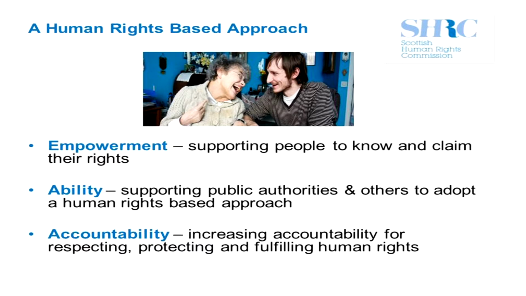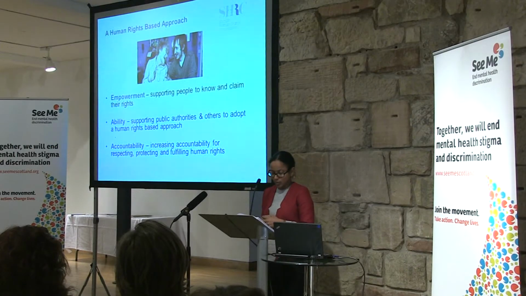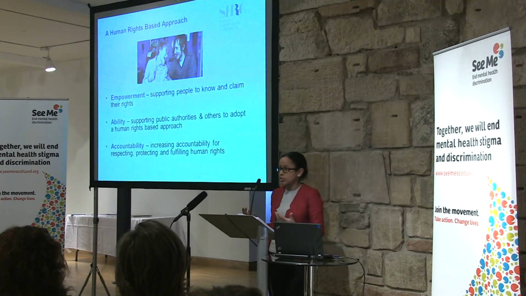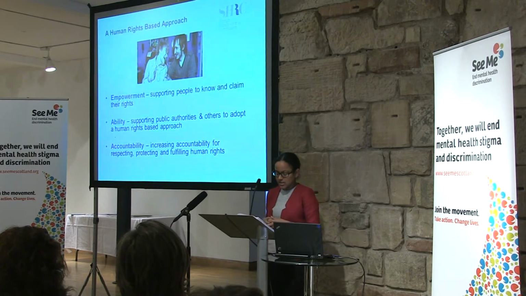The second one, the other side of that coin, is the ability of people who make decisions that affect human rights to make decisions that are based on human rights and to understand what they're doing. And this has to be backed up by a system of accountability for times when human rights are not met.